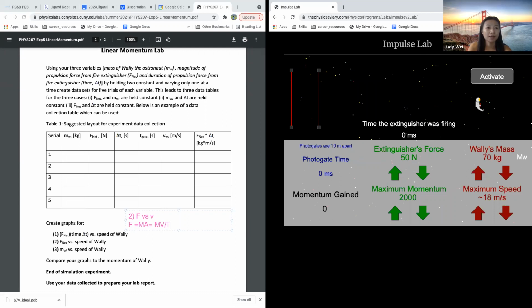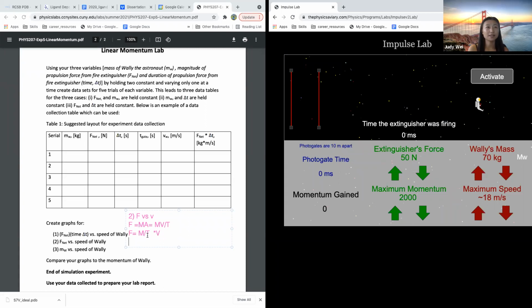So I guess your slope will be m over t and time v. So I guess this is your slope, but I'm not sure because right now I don't have data. I'm not sure what kind of plot it gives you. So you're going to do this and figure it out yourself.